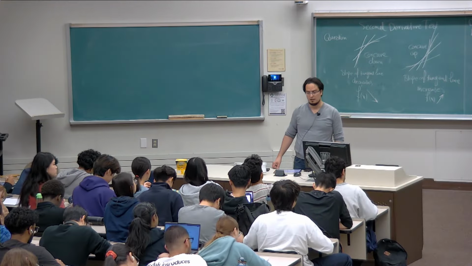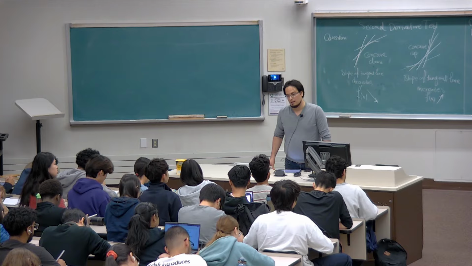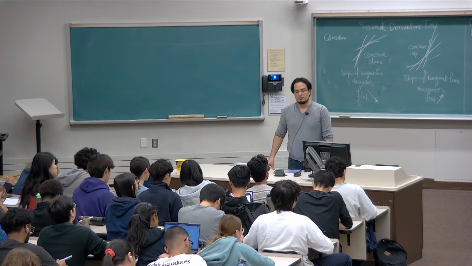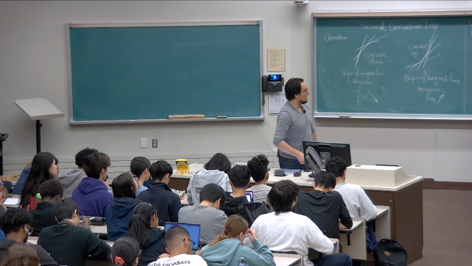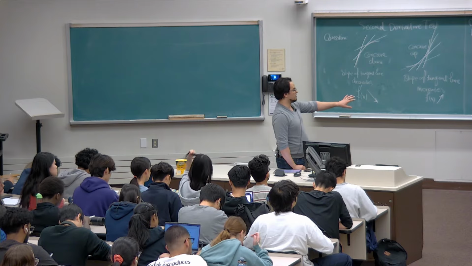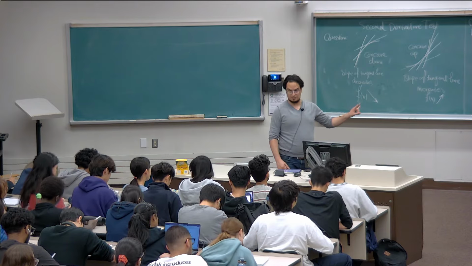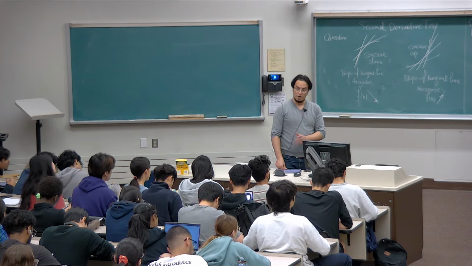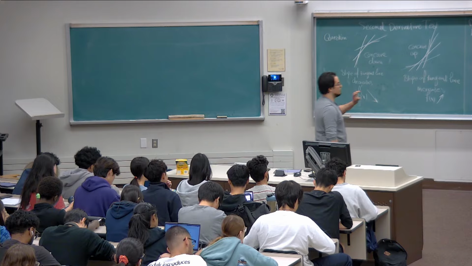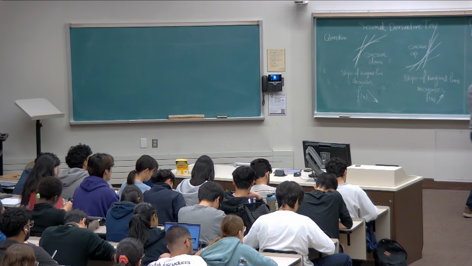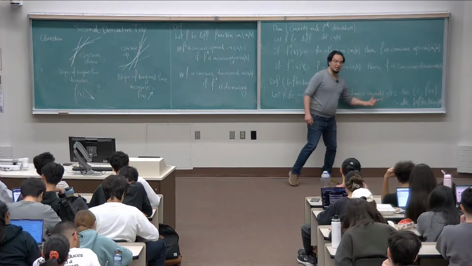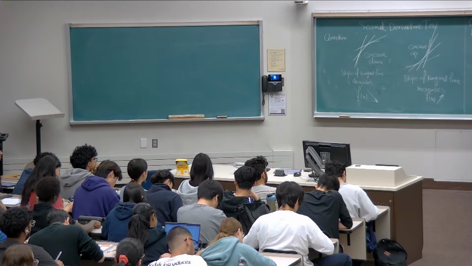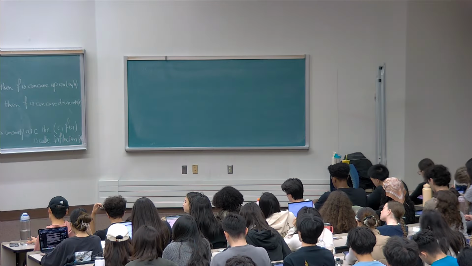Yes, please. What if the second derivative is equal to 0? I have no condition here talking about the second derivative. It's going to be related to the second derivative. But I want you to see this as, can we find where concavity changes from up to down, from down to up?